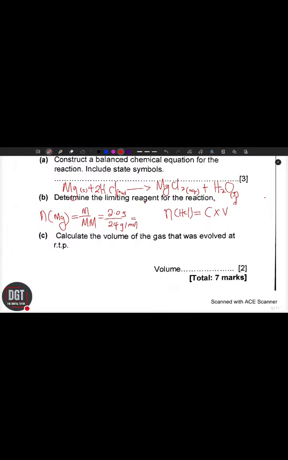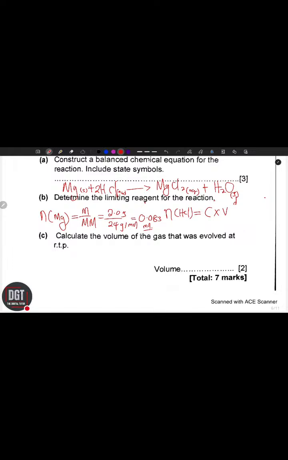When you divide 2 by 24, for me it is giving me 0.083. So these are the number of moles of magnesium.